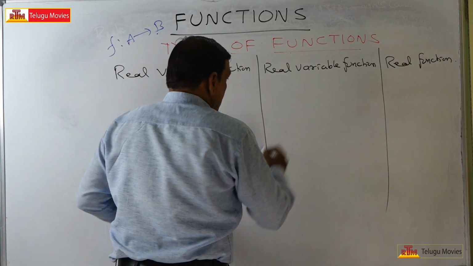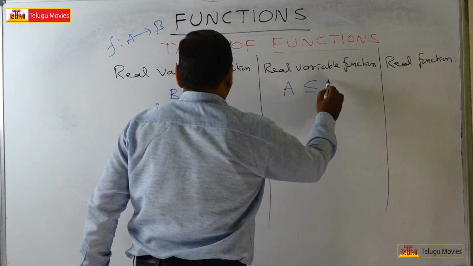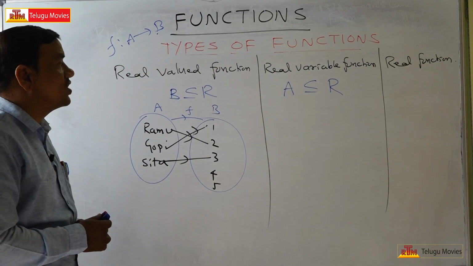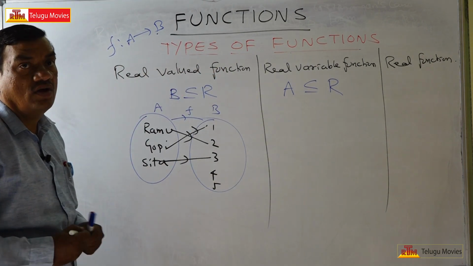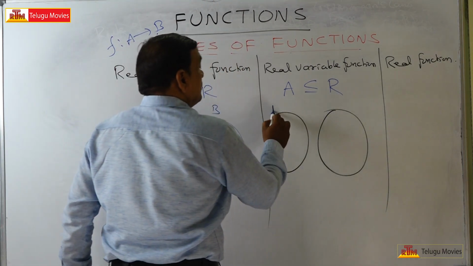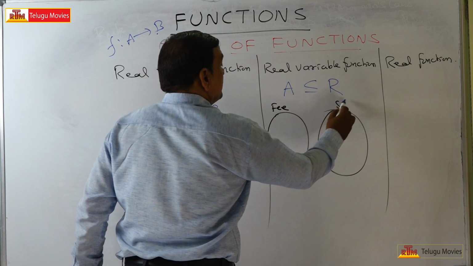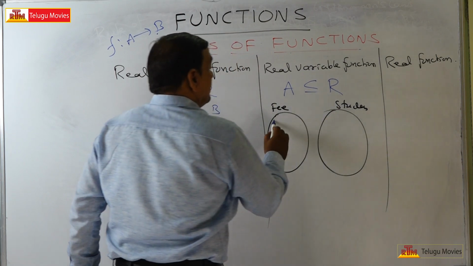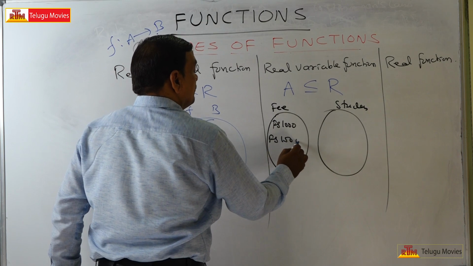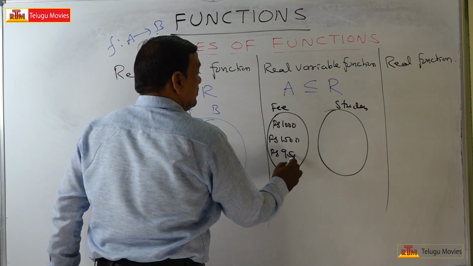If A is a subset of or equal to R, then it is called a real variable function. For example, here school fees, here student's name. For example, school fee 1000, first term fees 950.